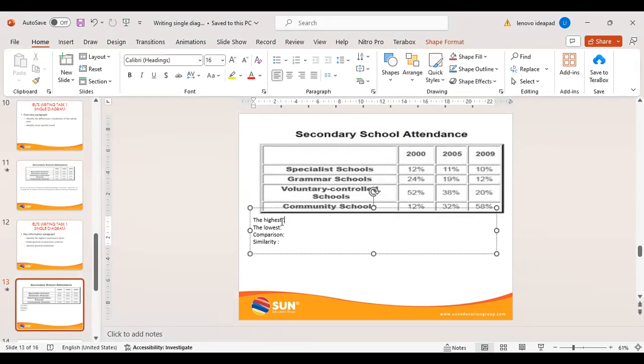Now, from the table, which school has the highest percentage and in what year and how much?